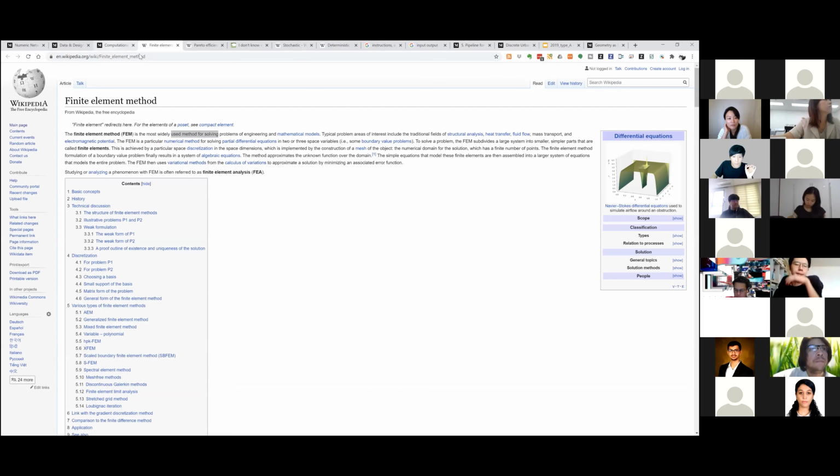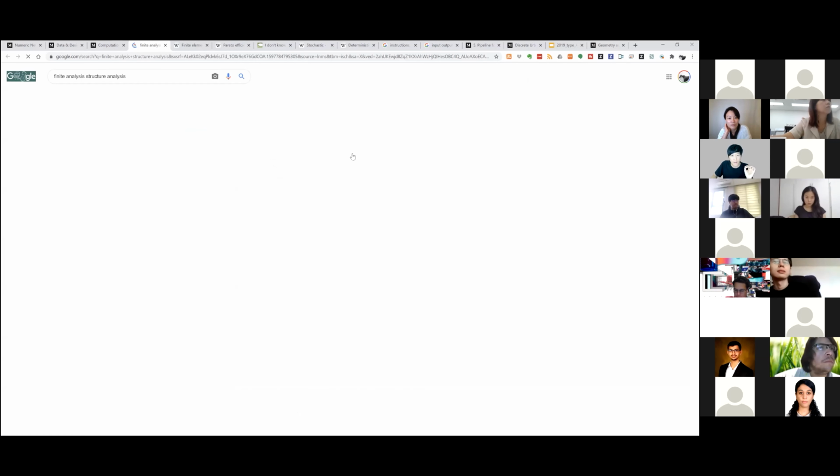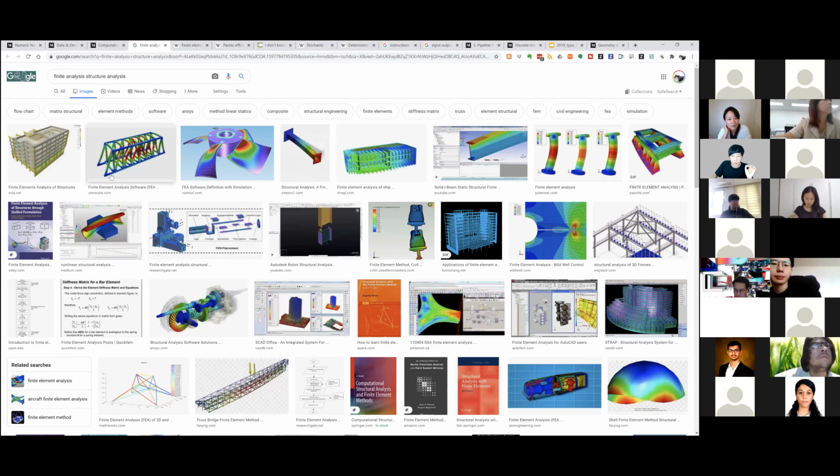So for example, structural analysis. Actually this is a graph, with nodes and edges. Creating the graph is more about your ability to abstract something into something that we can compute. So basically we have nodes and edges, and then each edge can be divided into multiple small finite elements.